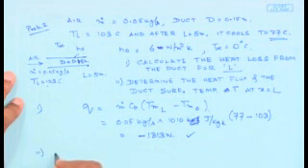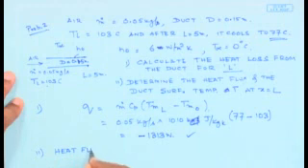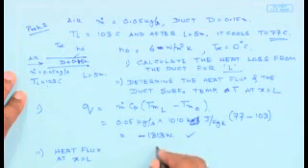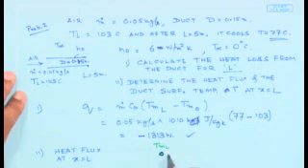Now the second part is to obtain the heat flux at a given location, heat flux at x equals L. Let's draw the thermal circuit first. We have the temperature of the air, which is higher than the temperature of the outside.